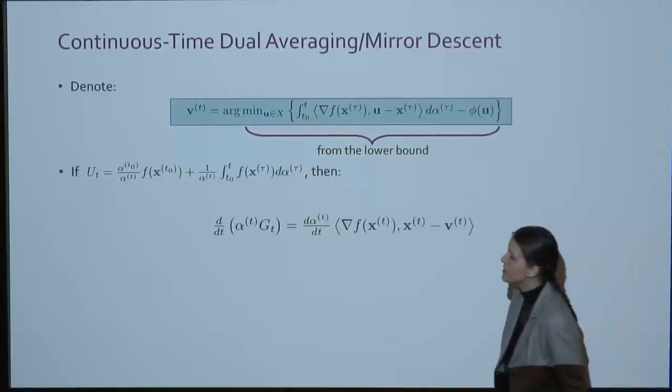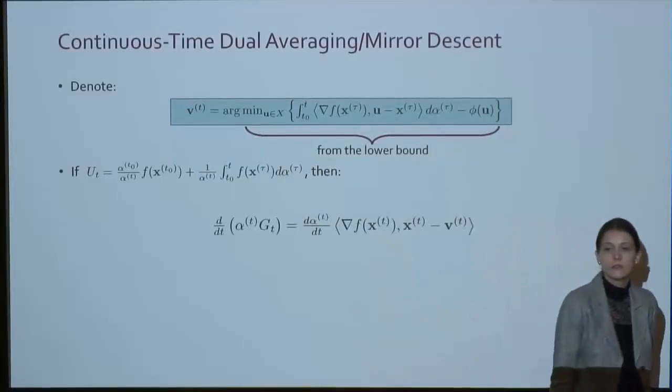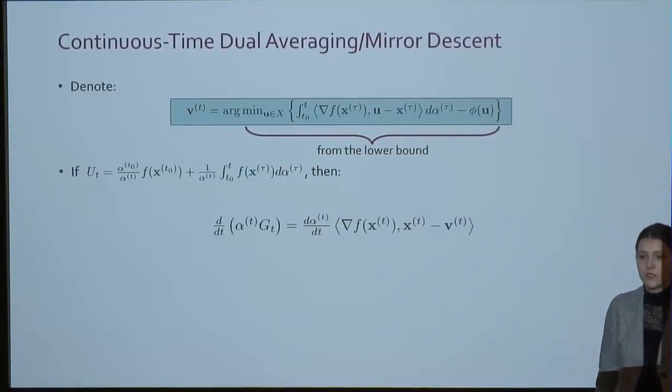Can I choose alpha t0 to be 0? You can take that it's 1. As long as it's non-zero and a constant, it's fine. You can always rescale the function, and I already told you this works for any increasing alpha t.